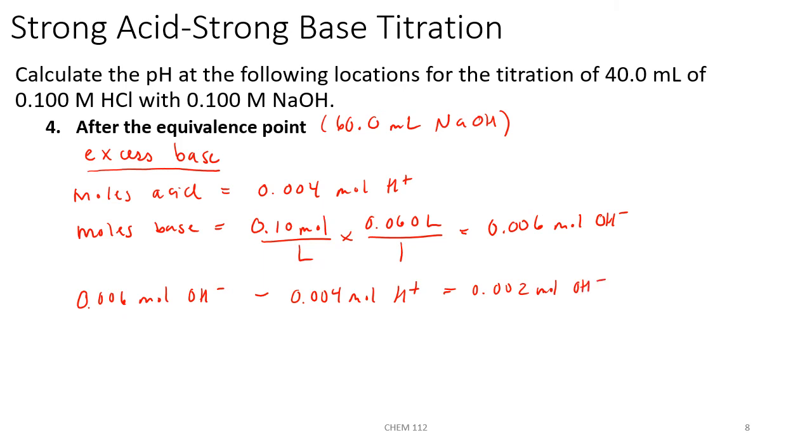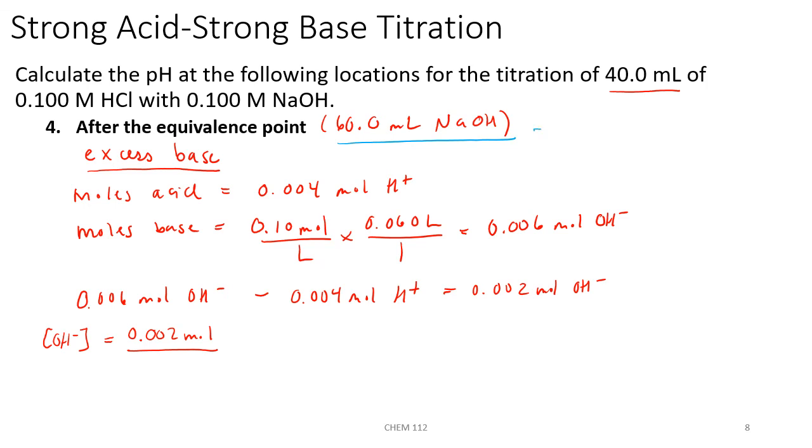To calculate the pH, we should first figure out what the concentration of hydroxide ion is at this point. To calculate the concentration, we take the moles, 0.002 moles, and we divide by the total volume in our flask in liters. We initially had 40 milliliters of acid in there, and then we've added 60 milliliters of base.